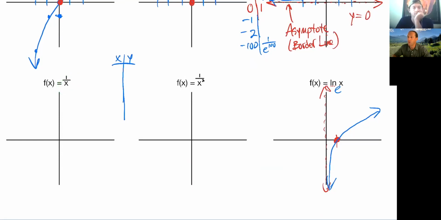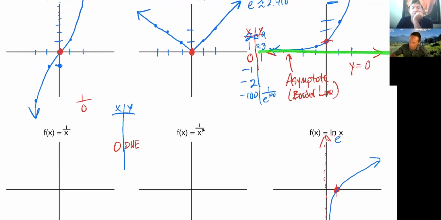What's the one thing that we cannot plug in for 0? Excuse me, to a fraction. That's our 0. Because what is 1 divided by 0? It does not exist.